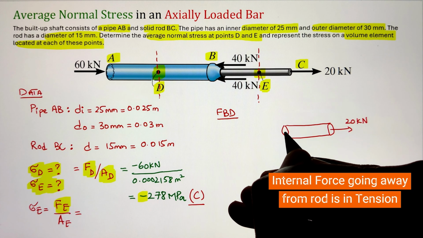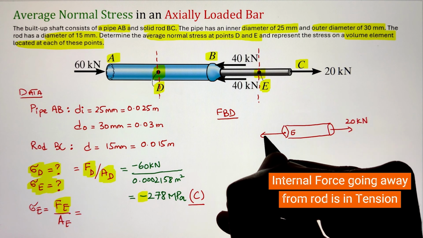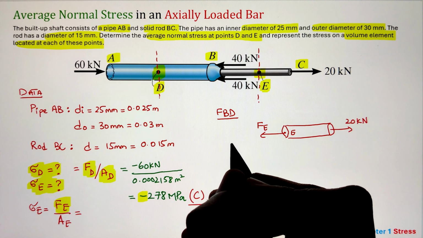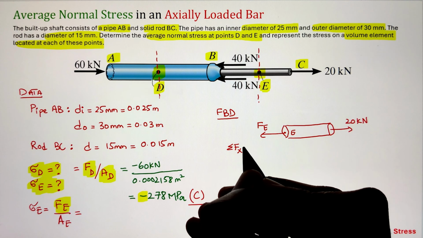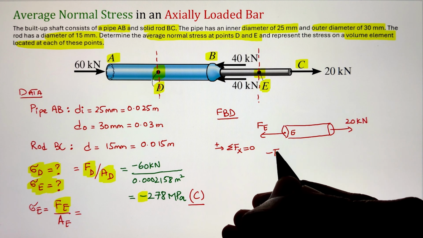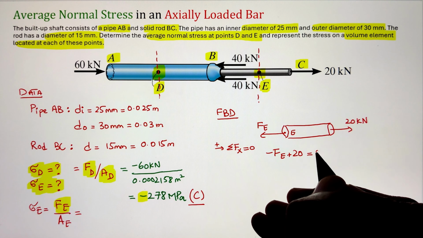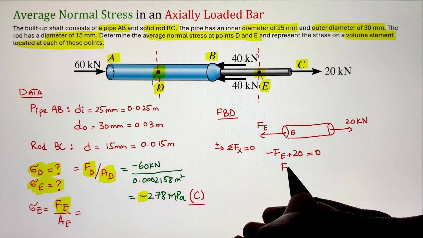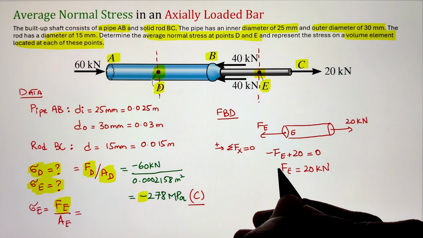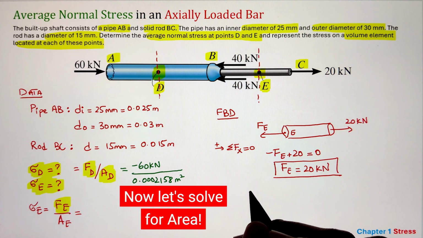So even just by looking at it, we can see that the force at point E will be equal to 20 kilonewtons, because they need to balance out in case of equilibrium, as the summation of forces along the axis of the pipe should be equal to 0. Simplifying, in this case, we are getting the value of FE as 20 kilonewtons, a positive number, that is indicating that the force acting at point E is in tensile direction.